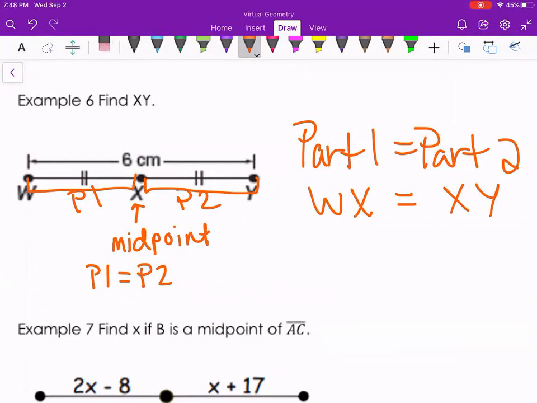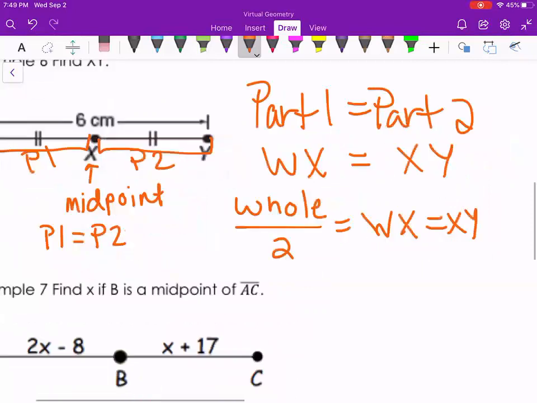And like we talked about on the previous assignment, if we know that there is a point halfway sitting in the middle, I can cut that in half. So if I know my whole length, then I can cut that into two parts because again, XY and WX are supposed to be the same.